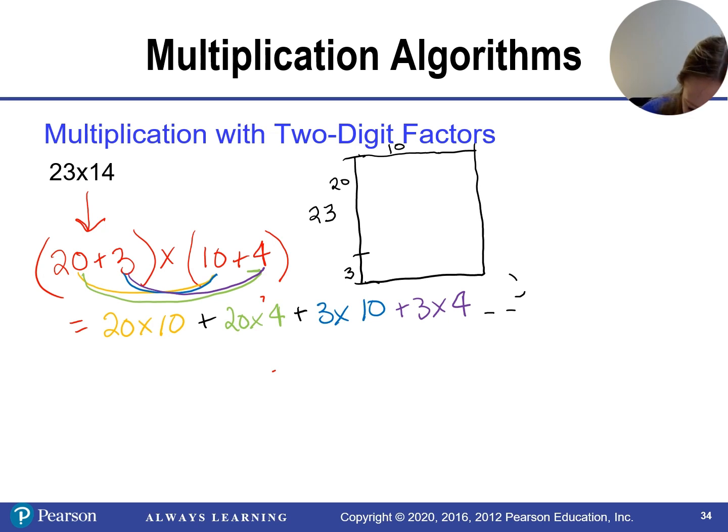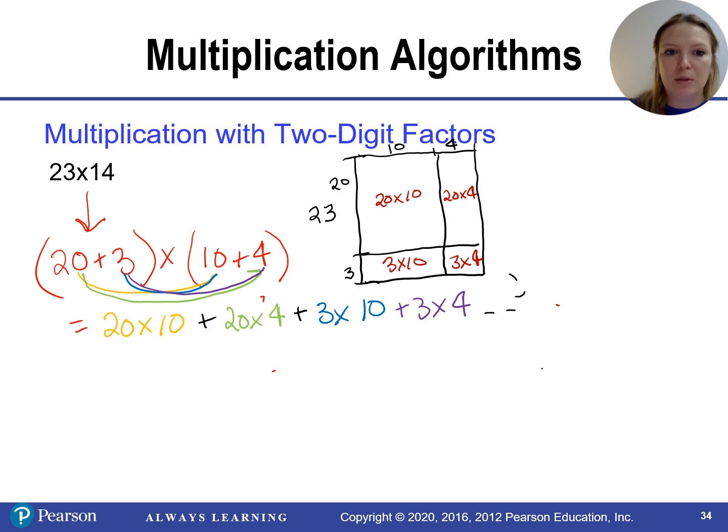So we have a 10 and a 4. So when I think about splitting this up, I get 4 different quadrants with 20 times 10, 20 times 4, 3 times 10, and 3 times 4, just like in the multiplication I had with the double distribution below.